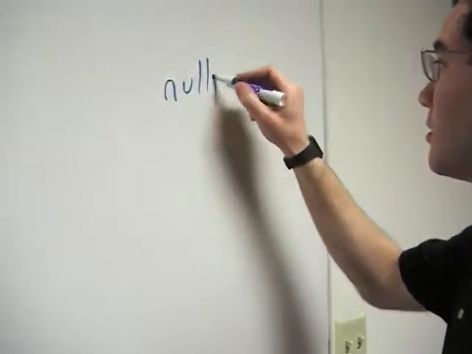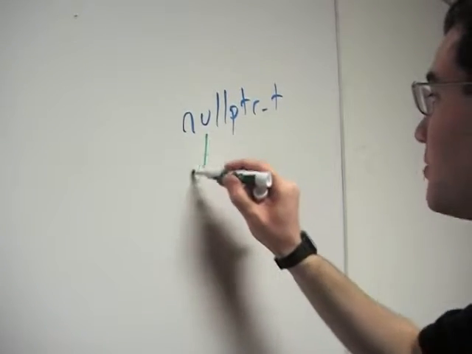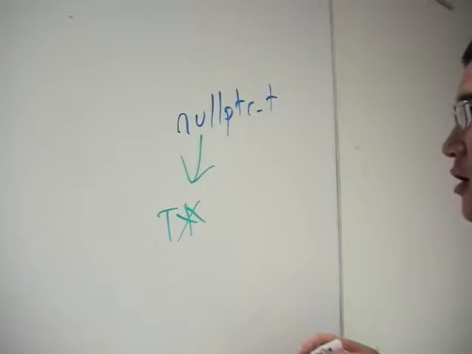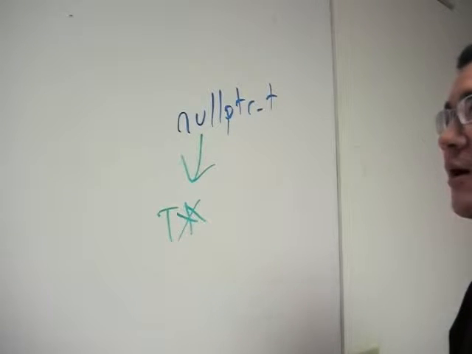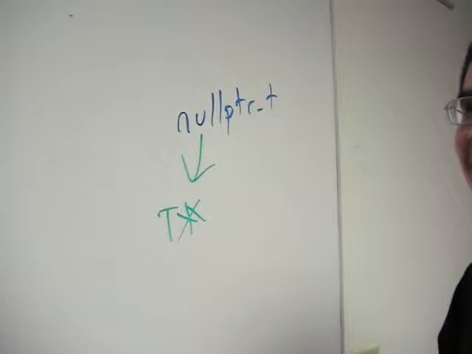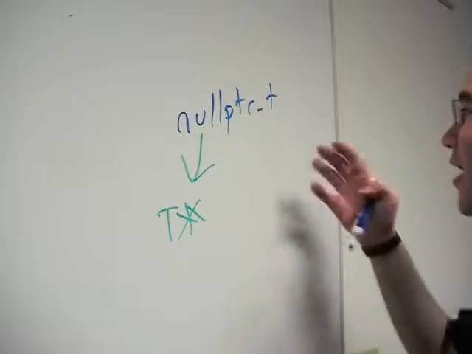So in terms of types, you've got your nullptr_t. It is convertible to any pointer type, like T star. This is totally cool. It also happens to be convertible to bool. I'll skip over that. That's so people can test it. I'm not convinced that that is a good idea, but at least it doesn't come up very often.